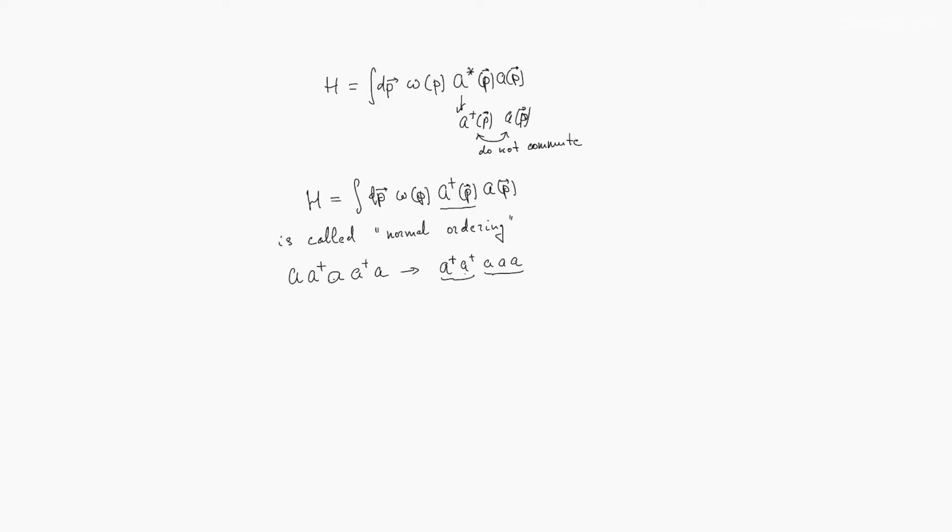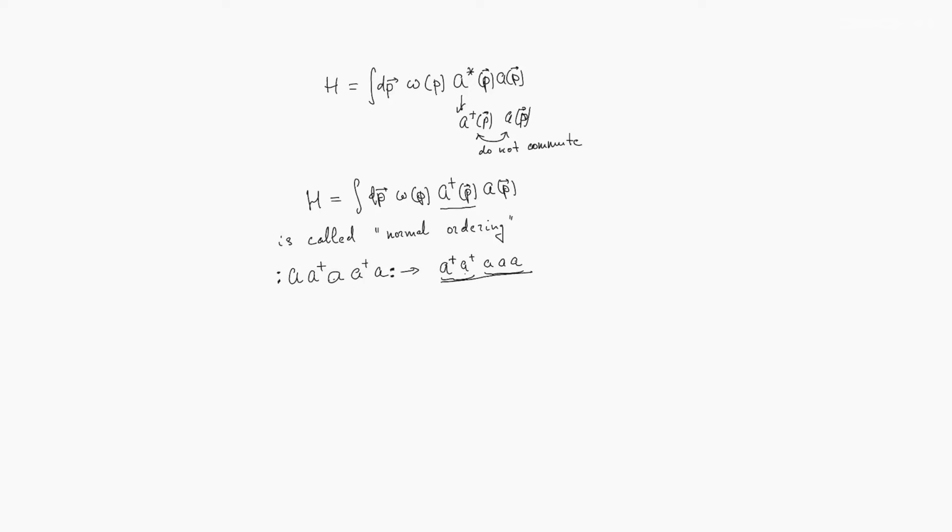And to symbolize this way of ordering, people use the special notation which is called normal ordering, and they write double dots on the left from the expression which you're going to normal order, and to the right of it. So this expression in the normal ordered form then is given by this expression here. And the same idea of normal ordering is also applied to fields.